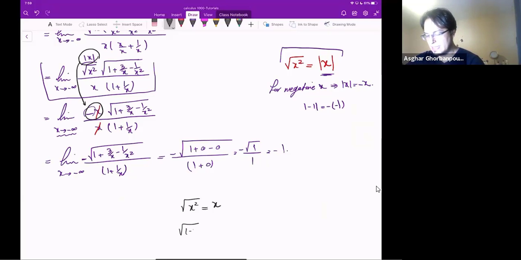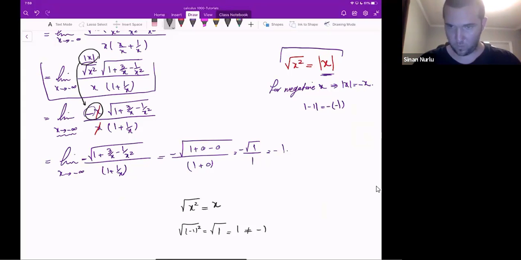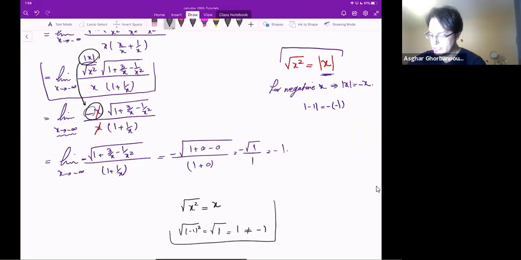Root of -1 squared is what? It is root of 1, and root 1 is just 1. It's not -1. So this is showing that root of x squared is not equal to x. It is equal to absolute value of x.